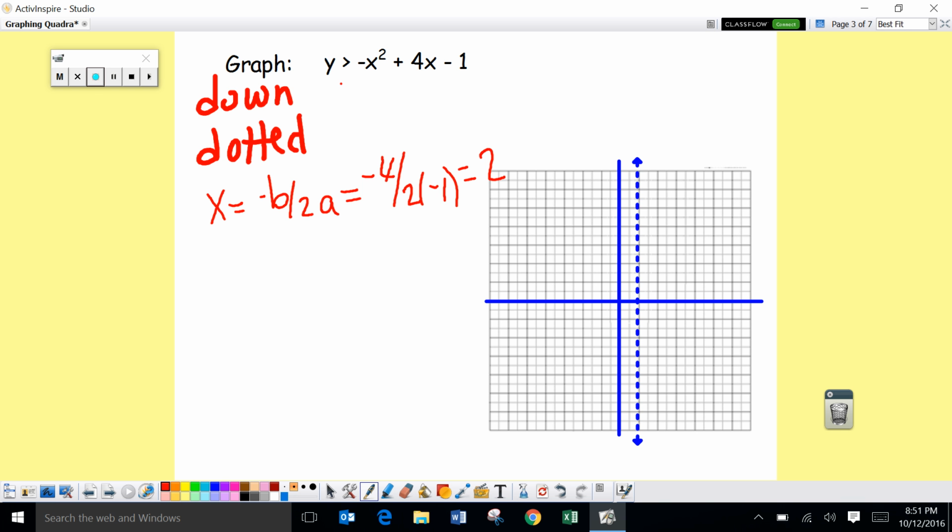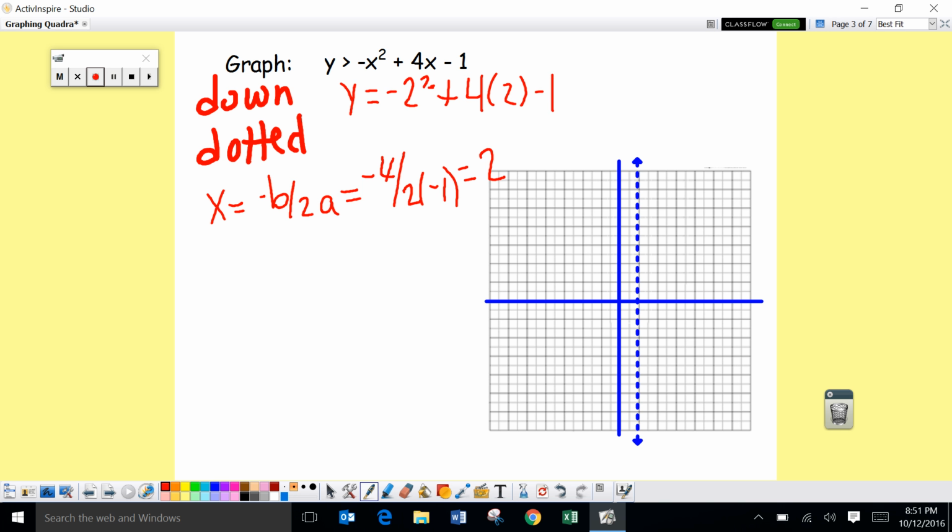Now we're going to substitute that 2 into our original inequality, but we're going to make it an equation, and we're going to replace the x with 2. So we have negative 2 squared plus 4 times 2 minus 1.